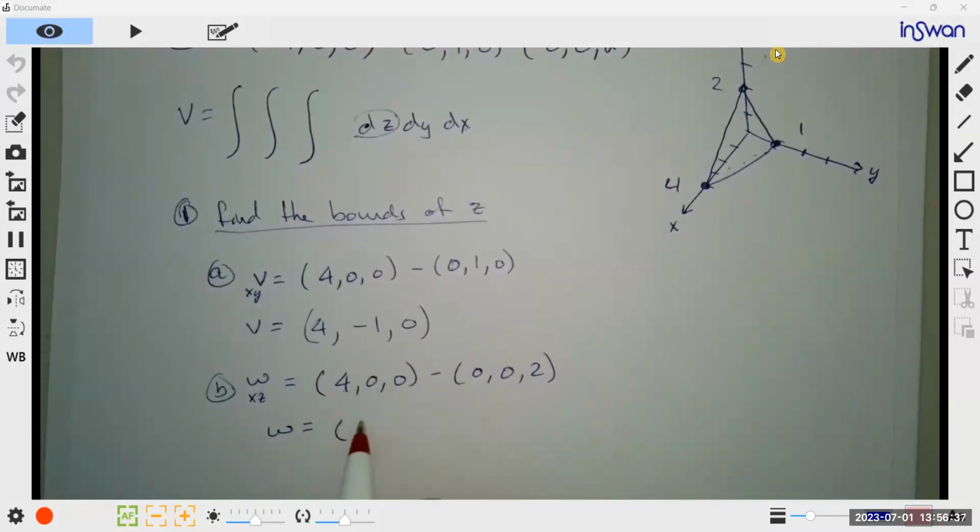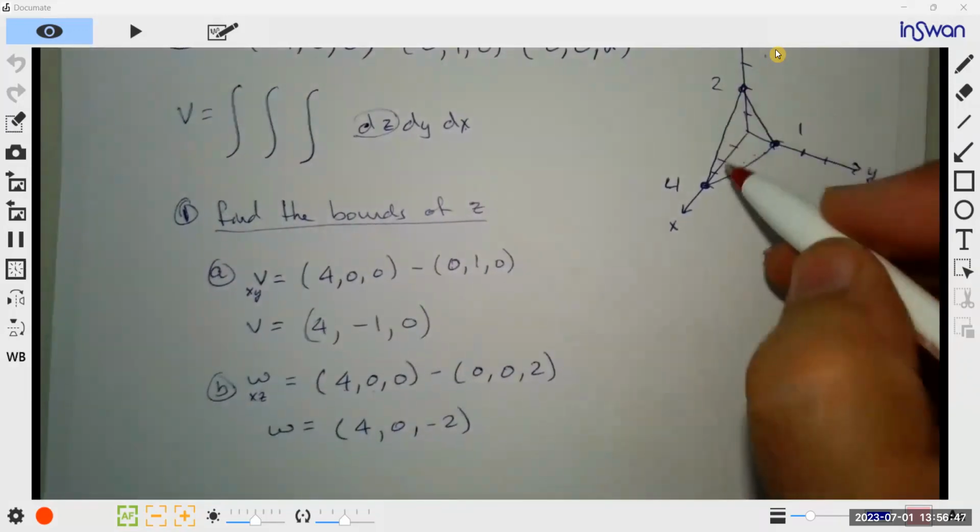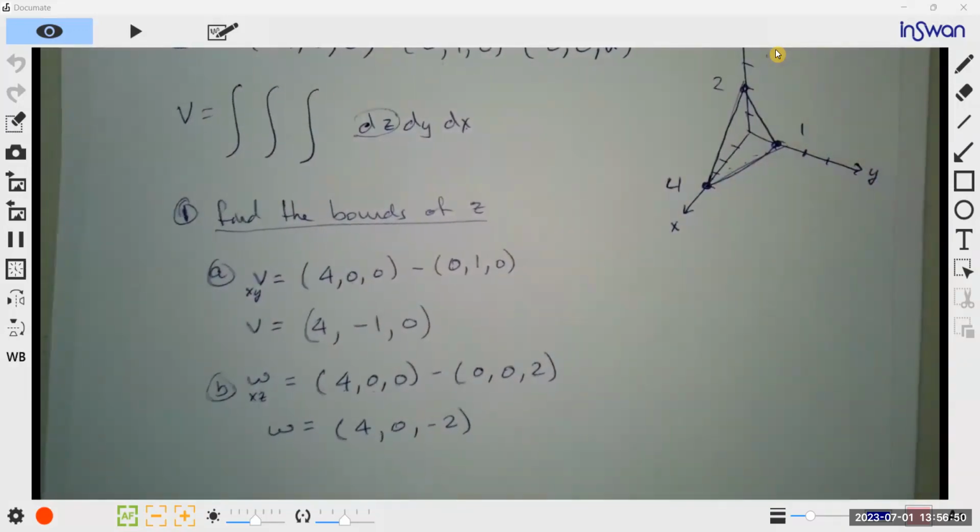Four minus 0 is 4. 0 minus 0 is 0. 0 minus 2 is negative 2. Okay, so we have our two vectors.